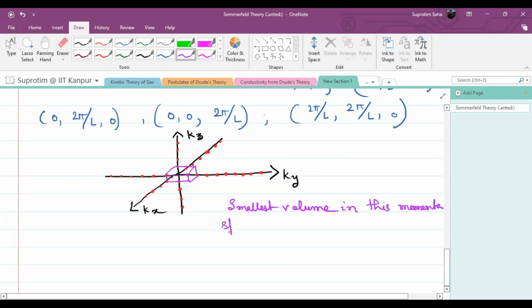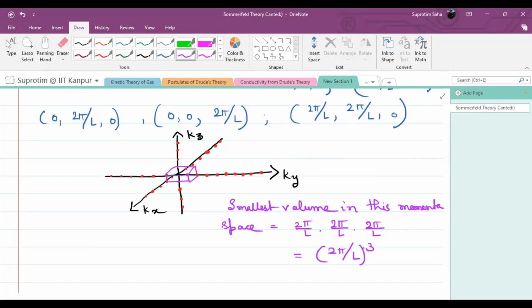Smallest volume in this momenta space will be given by what? 2 pi over L for kx, 2 pi over L for ky, and 2 pi over L for kz, and which gives you (2 pi over L) cubed. So the volume of the smallest box that you can draw in this k space is (2 pi over L) cubed.